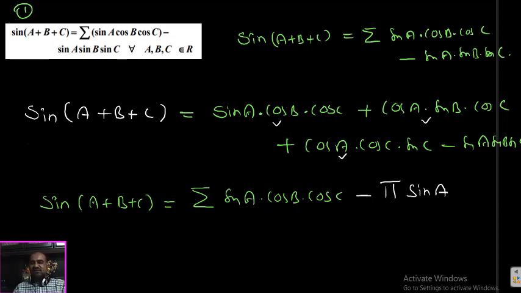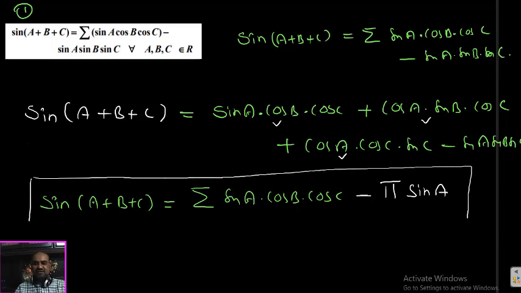Sin A into sin B into sin C. Pi means product. So this is the formula of sin of A plus B plus C. Should remember.